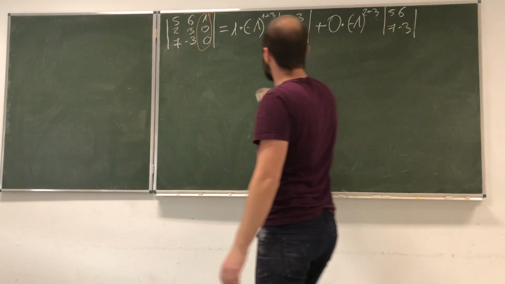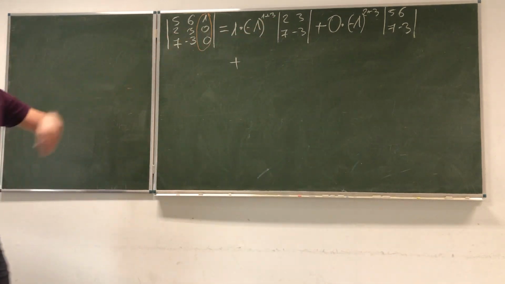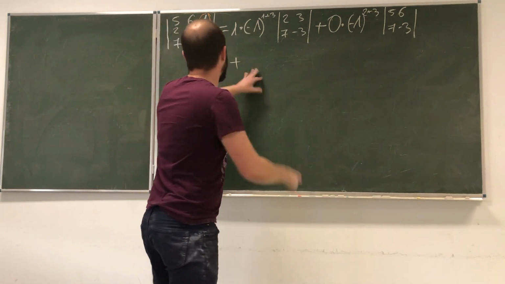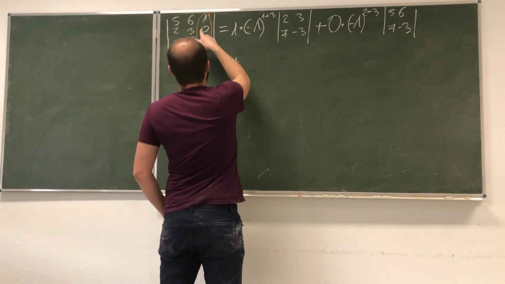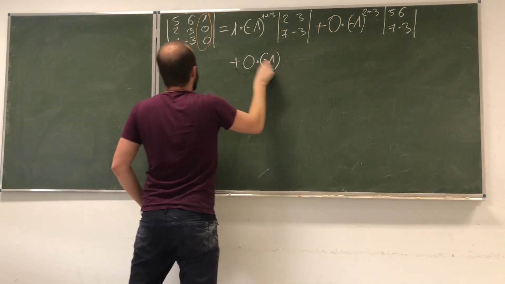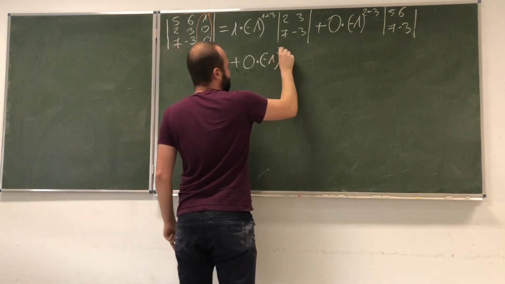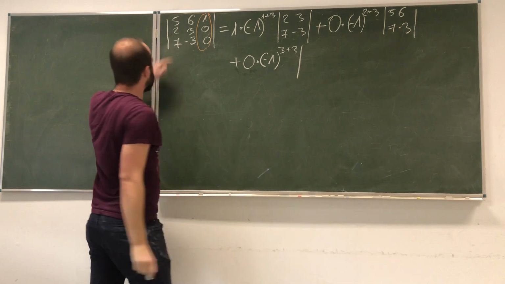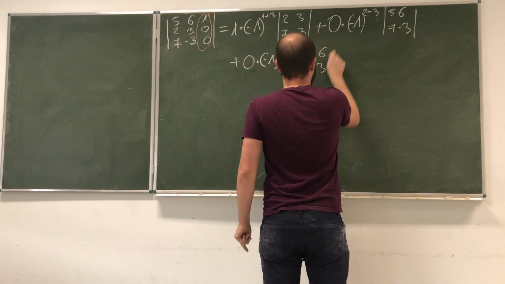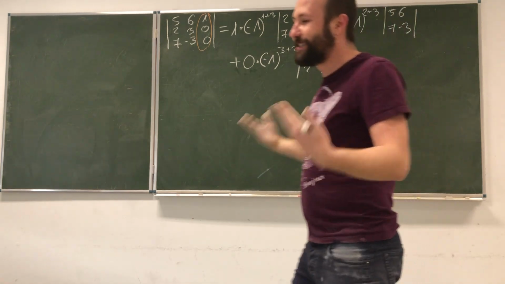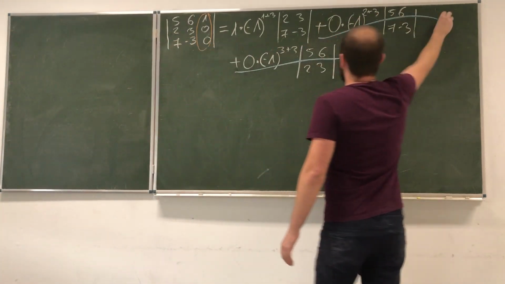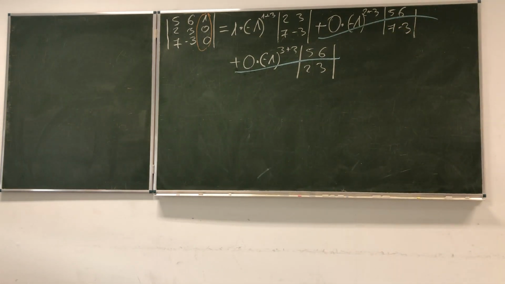Okay, and then plus, again we have 0, now times negative 1 to the power, third row, third column, and times the minor, 5, 6, 2, 3. Okay, now we clearly see that we don't need this expression because those are just 0.